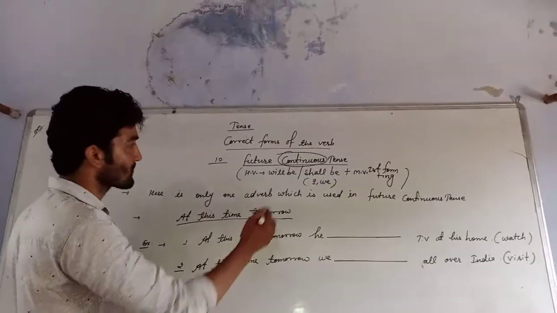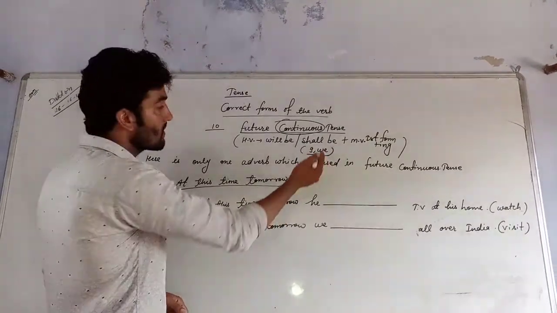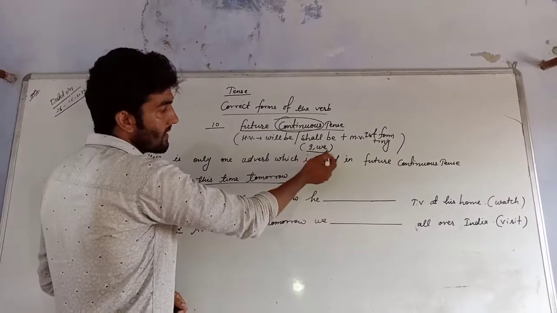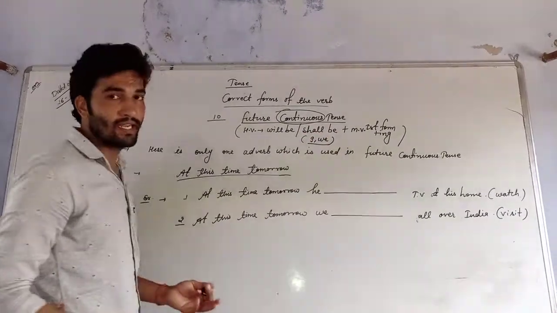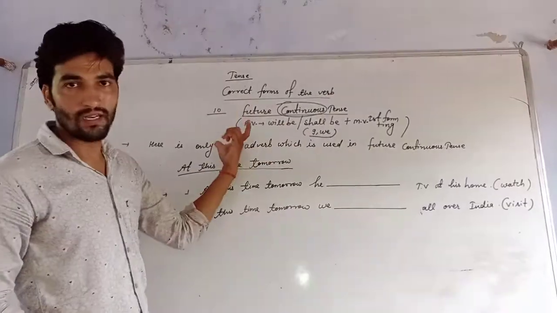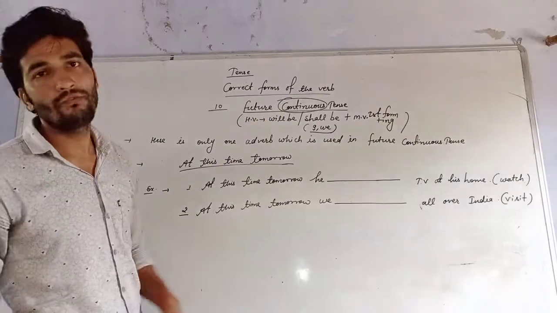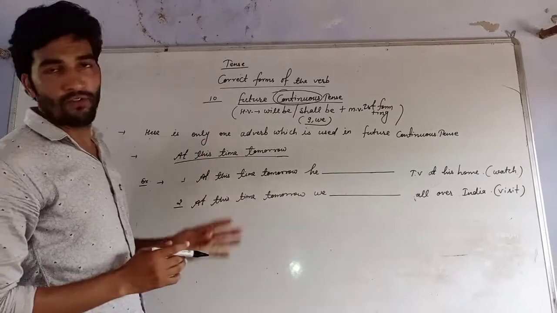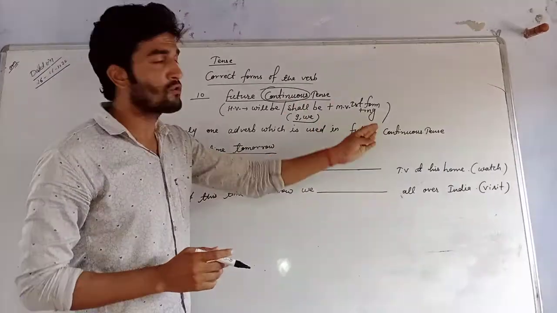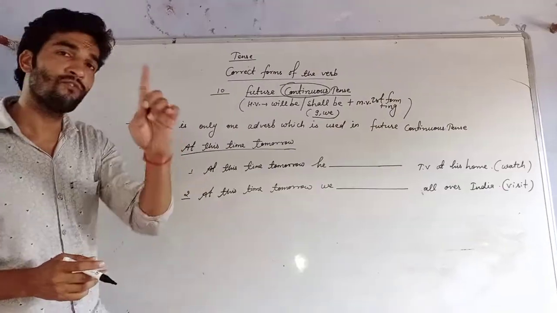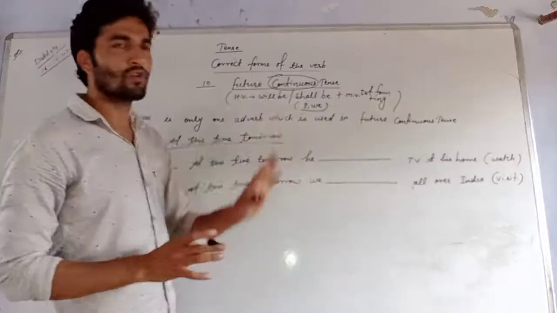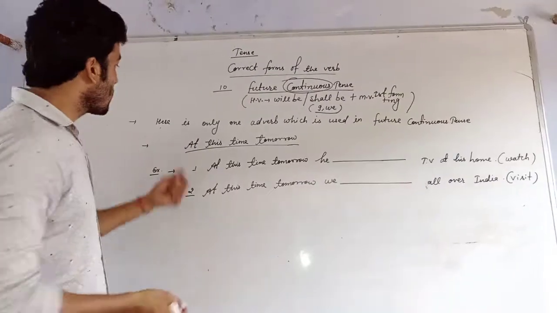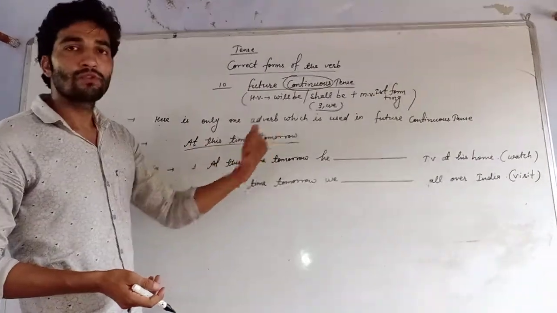The same is with I and we: shall be will be taken, and the other subjects will have will be. Here there is only one adverb which is used in future continuous tense. So which adverb? At this time tomorrow.